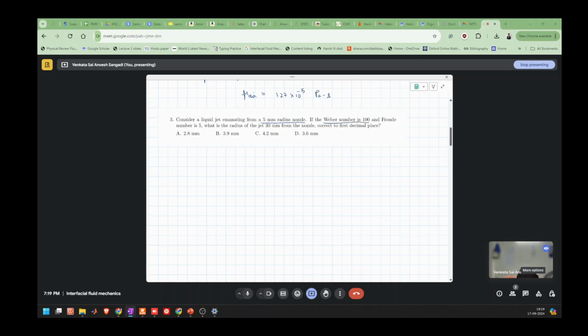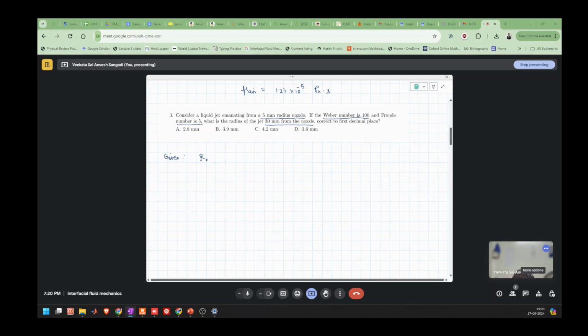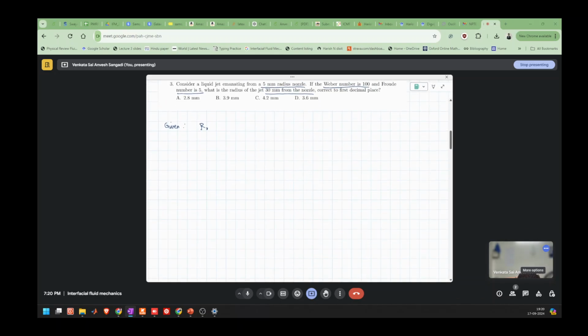If the Weber number is 100 and Froude number is 5, what is the radius of the jet 30 mm from the nozzle?